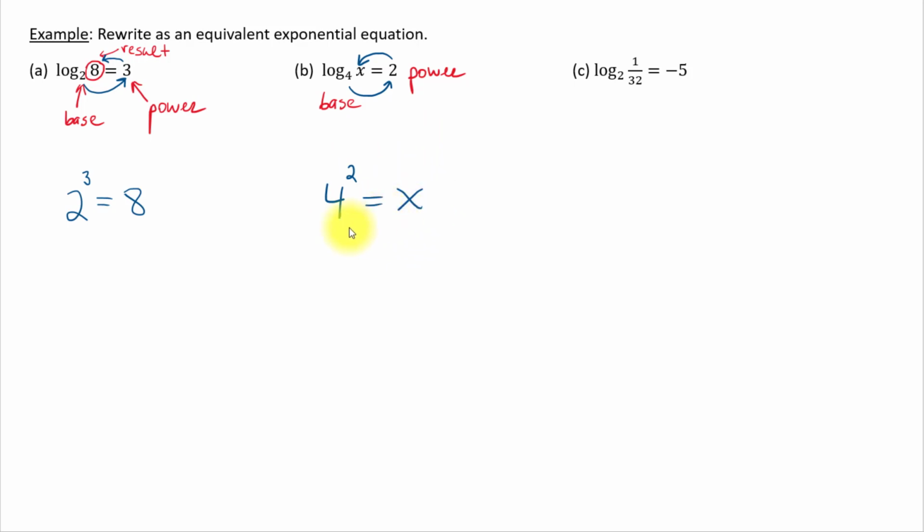X equals 4 to the second power. So I can add another line and say that x equals 16. And finally, the last logarithmic equation here, we'll repeat the steps by taking the base 2, raising it to the power, which is -5, and set it equal to the result, which is 1 over 32. And the exponential form makes it easier to check that this statement is true.